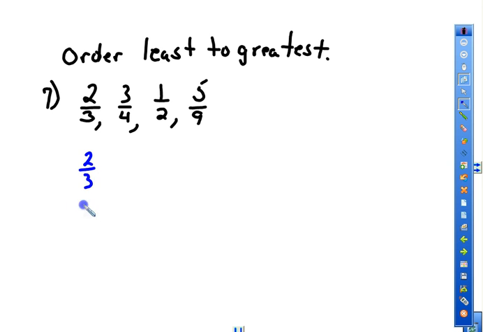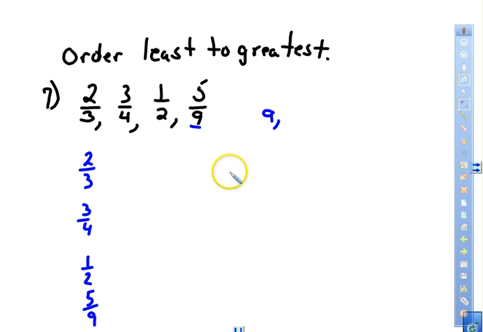So you get 2/3, 3/4, 1/2, and 5/9. Starting with our largest number, 9. Does 3 go into 9? Yes. Does 4? It does not. So let's do the next multiple of 18. 3 goes into it. 4 still does not. So then we'll do 27.